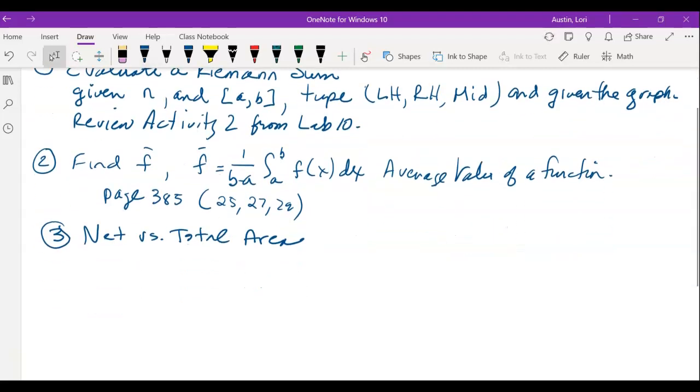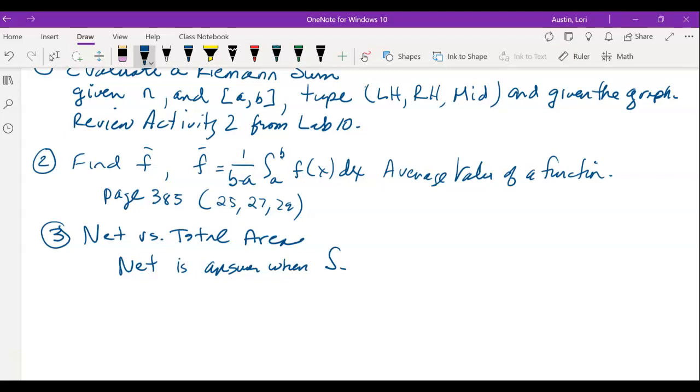Keeping in mind, net area is what you get when you integrate. Okay? Net is the answer when you integrate.